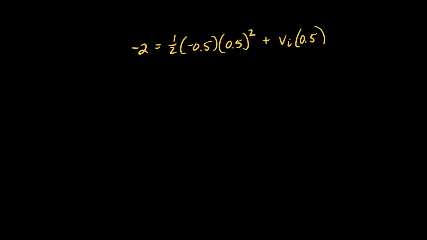So it was -2 equals 1/2 times -0.5 times 0.5 squared plus VI times 0.5. I factored out a 0.5.